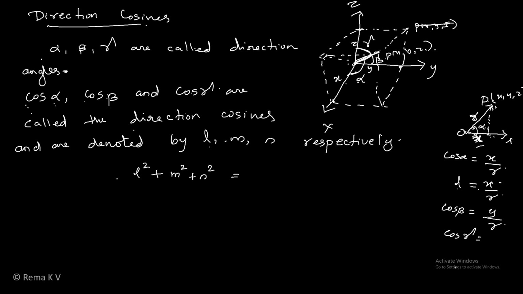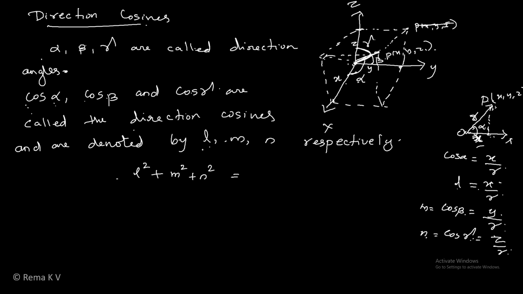So cos gamma is z by r. That is, m is equal to y by r and n is equal to z by r. Cos beta is denoted by m, cos gamma is denoted by n, and n is equal to z by r.